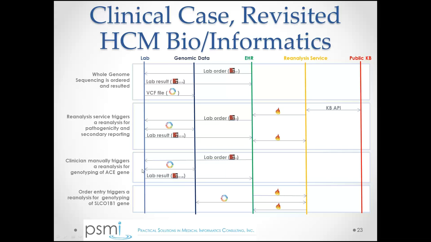If you need absolute confirmation on the genotype of this ACE gene, it might be you've gleaned all you can from querying the genomic data store, but you need to call the patient back in and actually get another specimen and do a targeted ACE gene test in order to have the same confidence in that result that you'd have from a result on the hypertrophic cardiomyopathy genes, for instance.